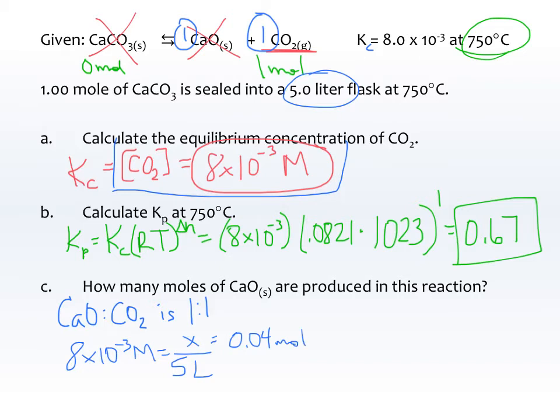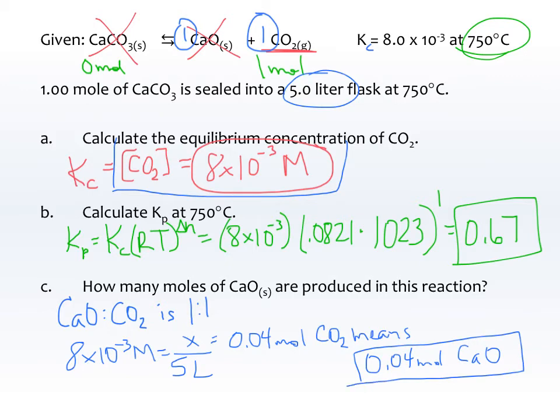So since 0.04 moles of CO2 are produced, that means that 0.04 moles of CaO are produced, because of the 1-to-1 ratio in the balanced equation.